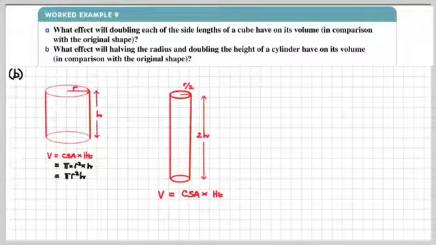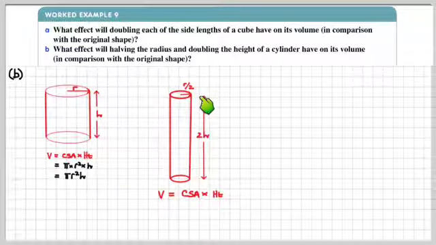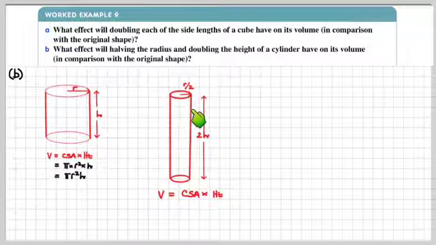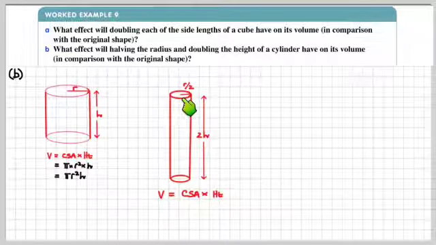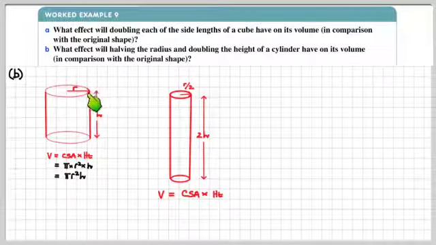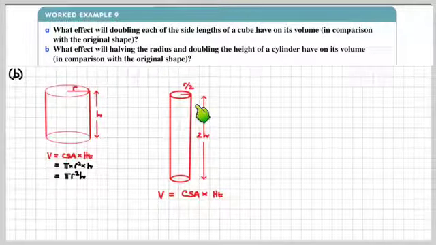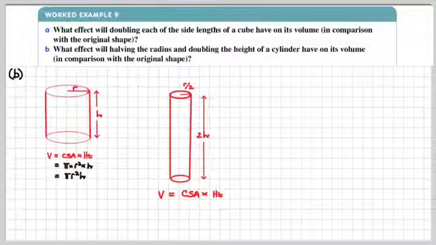Yeah, there it is. Now here's the other strange-looking beast. What we've done is we've doubled the height of the cylinder, and we've halved the radius. So let's use those figures. This will be r over 2 now compared to r over there. This will be 2h compared to h over there.